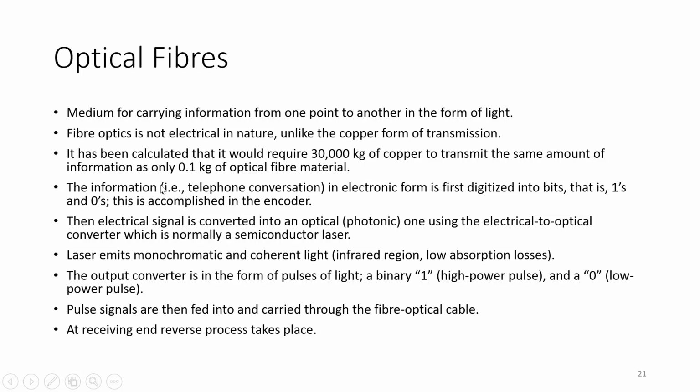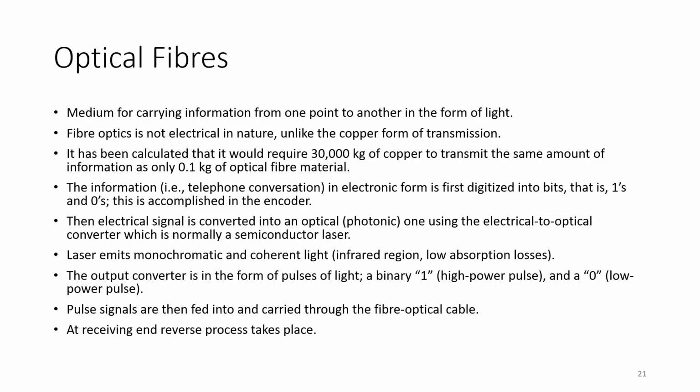Information such as a telephone conversation in electronic form is first digitized into bits, that is, ones and zeros. This is accomplished in the encoder, and then the electrical signal is converted into an optical or photonic one using the electrical to optical converter, which is normally a semiconductor laser.